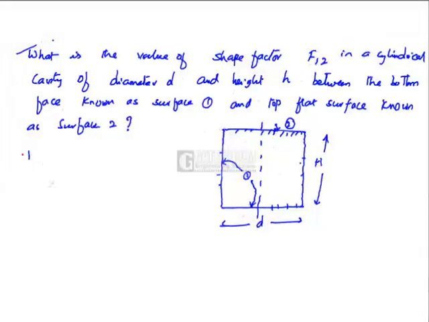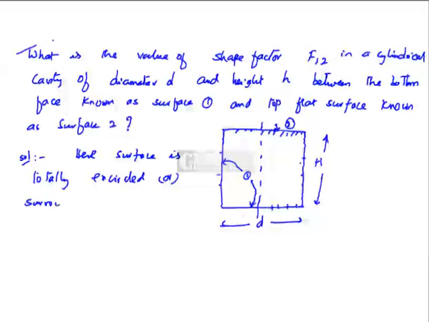So here one surface is totally enclosed by the outer one. The solution could be given like this. Here surface 2 is totally encircled, encompassed, or surrounded by surface 1.